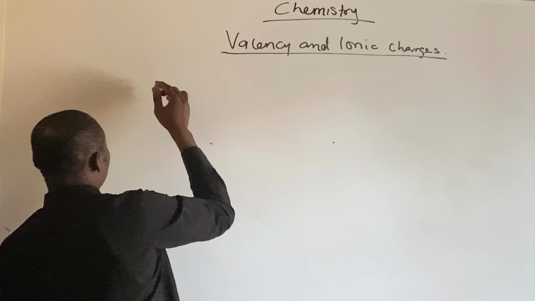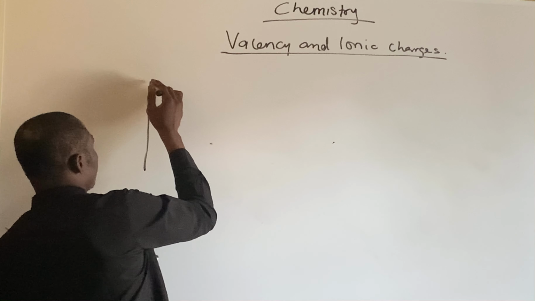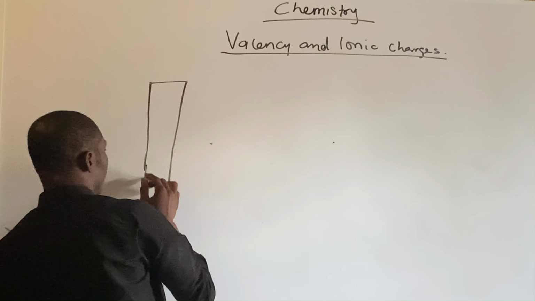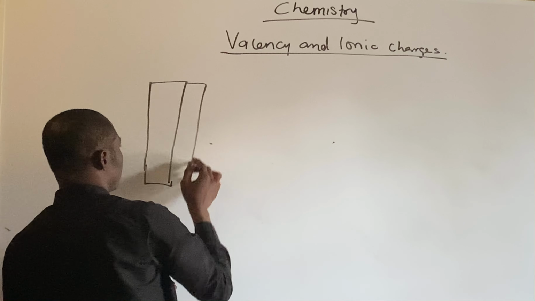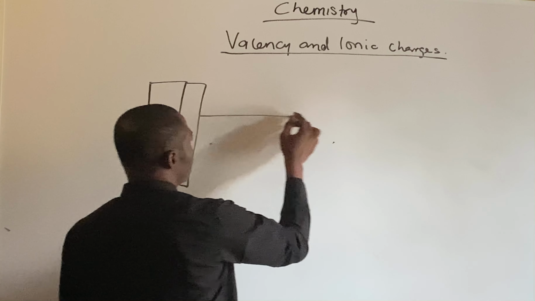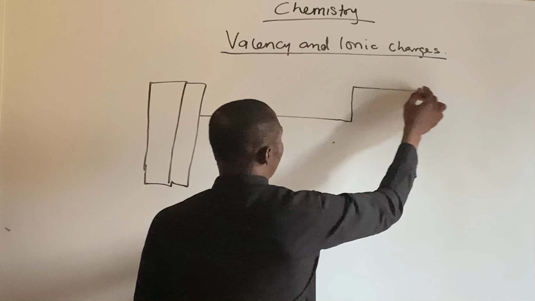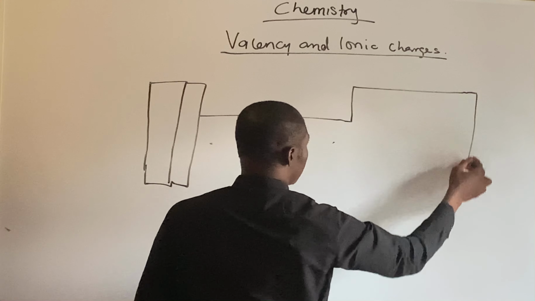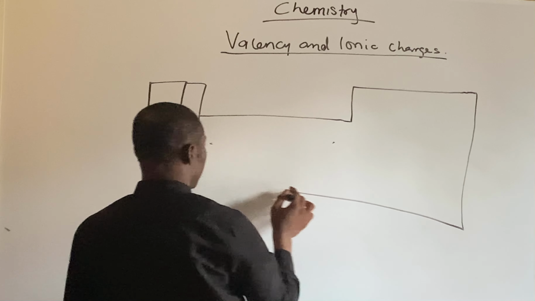Now we have the periodic table. It looks like this. Then we have this. Okay, this is just a sketch of the periodic table anyhow. So I have this. Let's make it more visible.